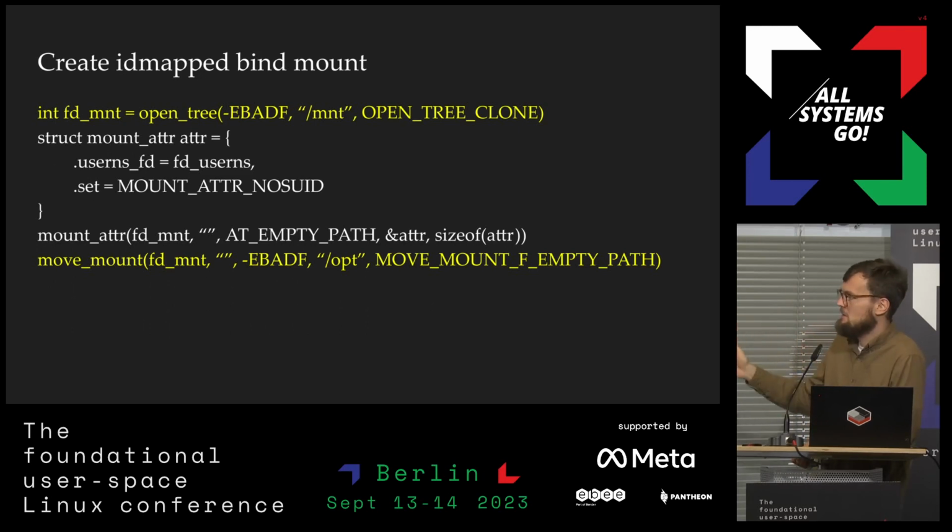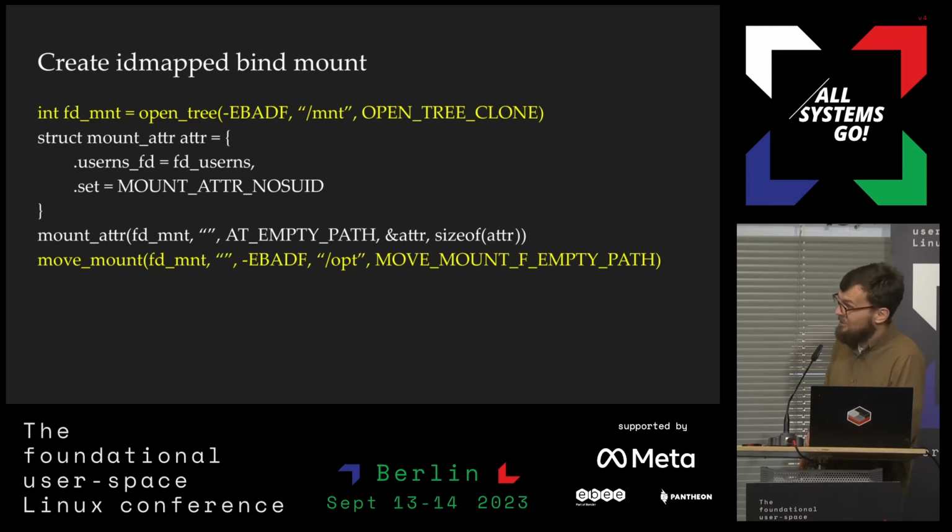If /mount isn't a mount point, then in this case, because you specify OPEN_TREE_CLONE, it will copy this into a new mount. And then we specify a user namespace that we want to have attached to that mount, and then we specify mount attr nosuid, which means we don't want any suid binaries on this mount, and then we call it, and then we move this mount and attach it to /opt in the file system hierarchy. This is how you would create a bind mount with the new mount API.